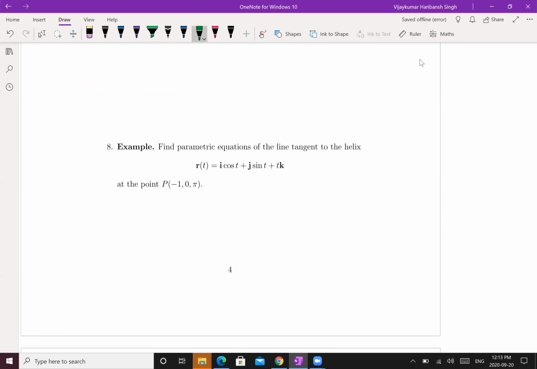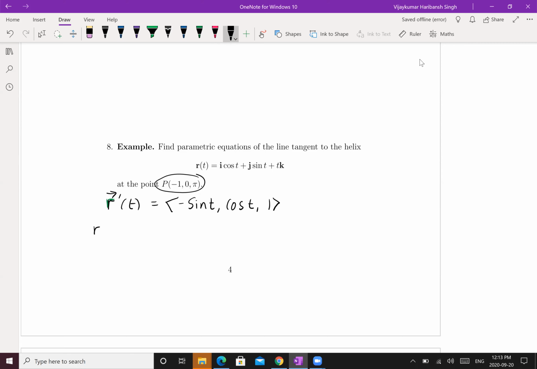So first of all, we need to find R prime of t. R prime of t equals the derivative of cos t, which is minus sin t, the derivative of sin t, which is cos t, and the derivative of t, which is 1. And then secondly, we need to find what is t0. So we have R of t0.